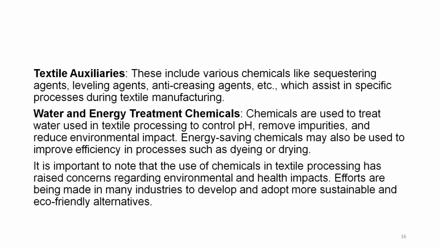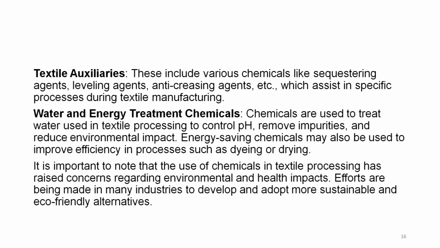Textile auxiliaries. These include various chemicals like sequestering agents, leveling agents and anti-creasing agents, which assist in specific processes during textile manufacturing. Now, water and energy treatment chemicals.